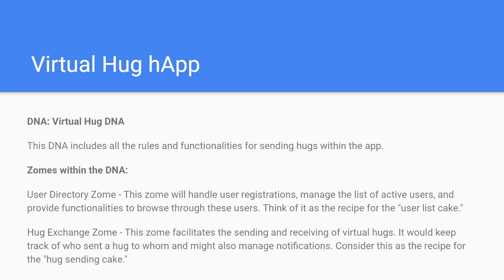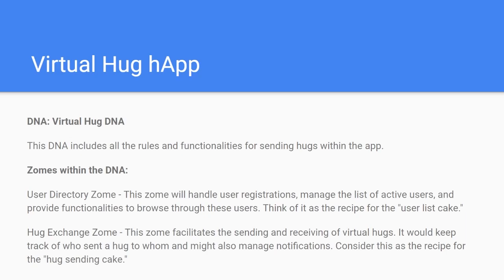And if you look at the zomes within the DNA, you can have a user directory zome. This zome will handle user registrations, manage a list of active users, and provide functionalities to browse through these users. It's kind of like a recipe for a user list cake.